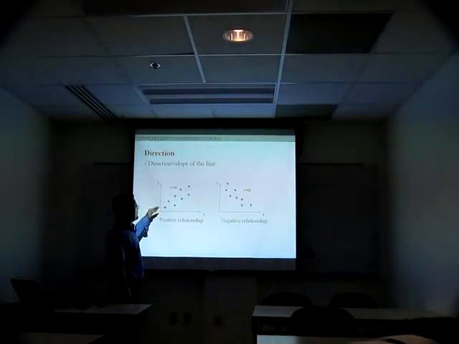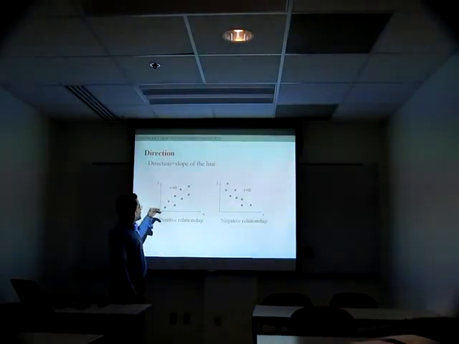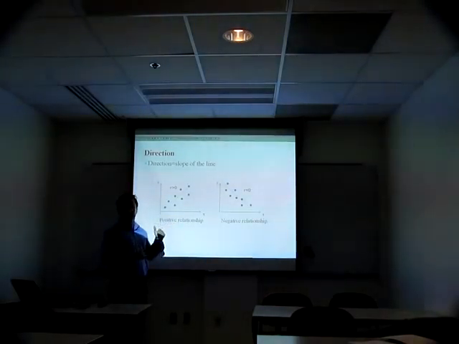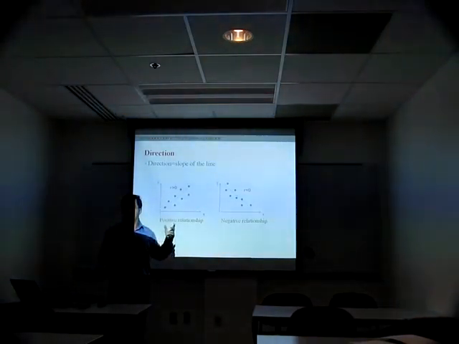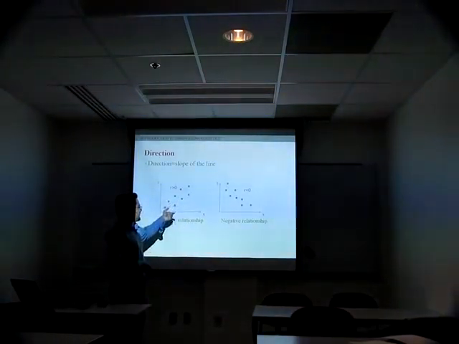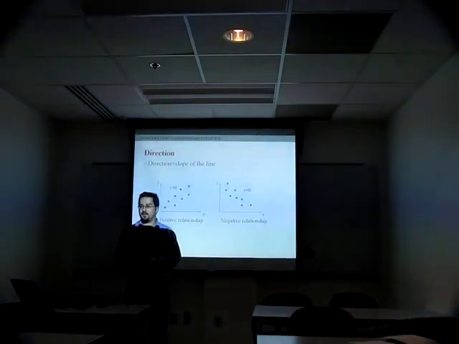Actually, the data follows a line with positive slope. So in these scatter plots, we can represent the direction of the relationship based on the slope of the line which represents the data. On the left-hand side, the data shows a positive direction.